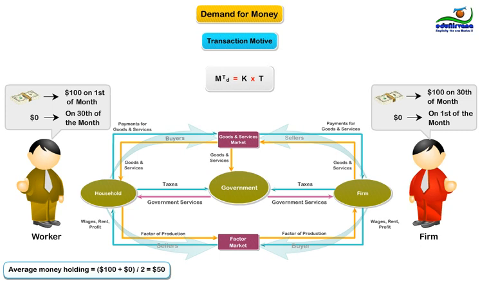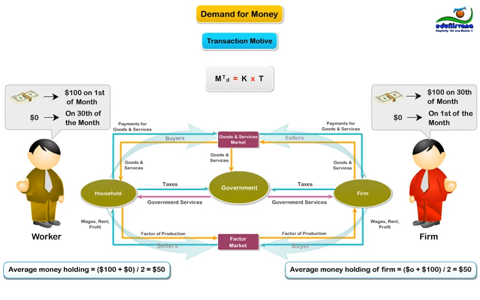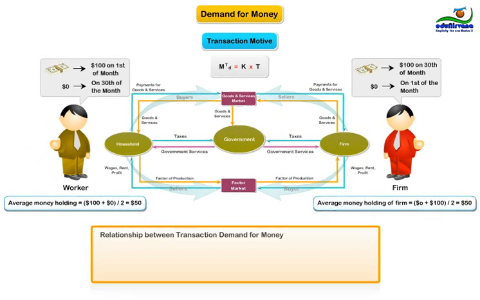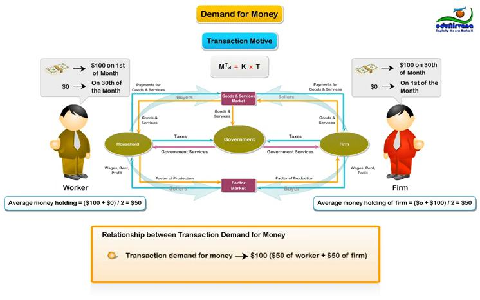Average money holding of worker is (100 + 0) / 2 = 50. Average money holding of firm is (0 + 100) / 2, which results in 50. Clearly, transaction demand for money is $100, that is $50 by the worker plus $50 by the firm.